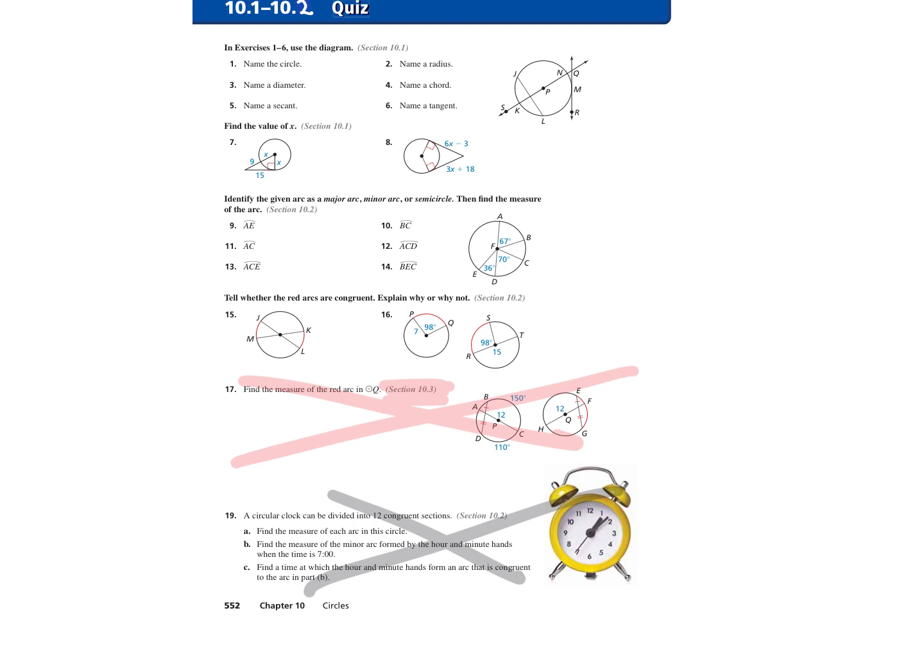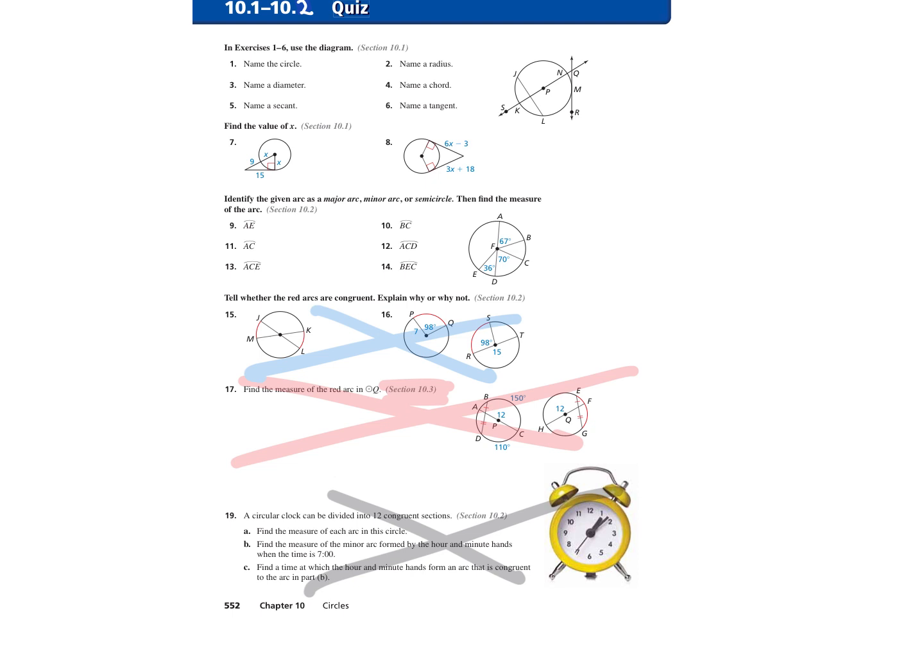Now, numbers 15 and 16 were like number 4 on the warm-up. And again, you will not have to explain why the arcs are congruent on the quiz. It may be on the test, but it's not on the quiz. So for the quiz review, I would focus on questions 1 through 14. This is a good place to start.